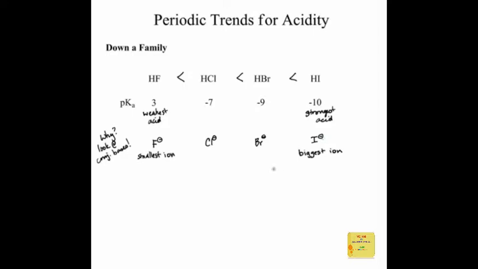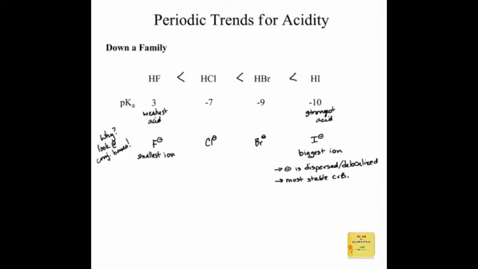Okay, so what we say about the I- is that the negative charge is dispersed or delocalized. That's a very good word. That means it's not in one small location. It's spread out over several locations. And that means this is the most stable conjugate base.